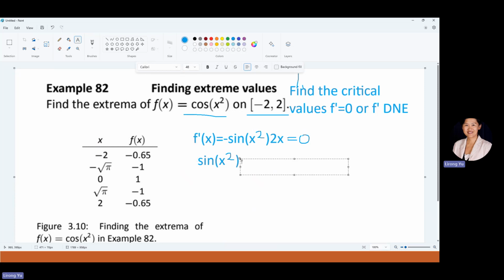A times B equals 0: either A equals 0 or B equals 0. When you are able to factor an equation, it provides a smaller, easier way to solve it. If 2x equals 0, the solution is automatically x equals 0. But if sine of x squared equals 0, that is different.